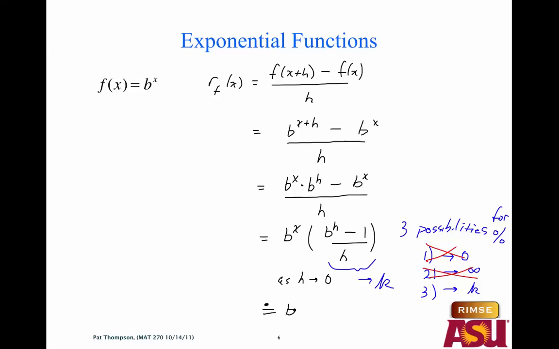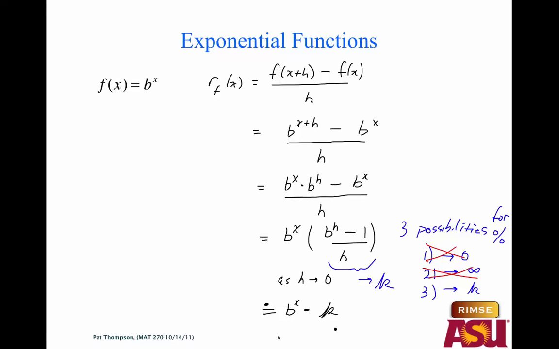Now this thing is b to the x times k. So this is a special situation. When you have b to the x, what is your rate of change function? It's some constant multiple times the original function, b to the x. That's a very special situation. Exponential functions have this special thing about their rate of change: it's a constant multiple times the original accumulation or amount function.